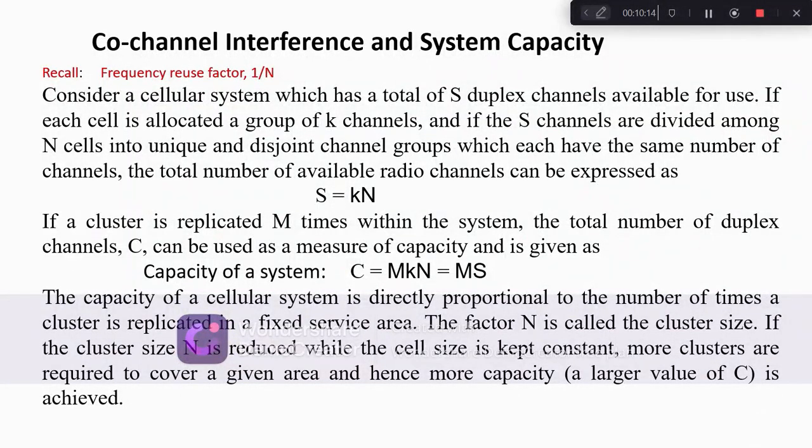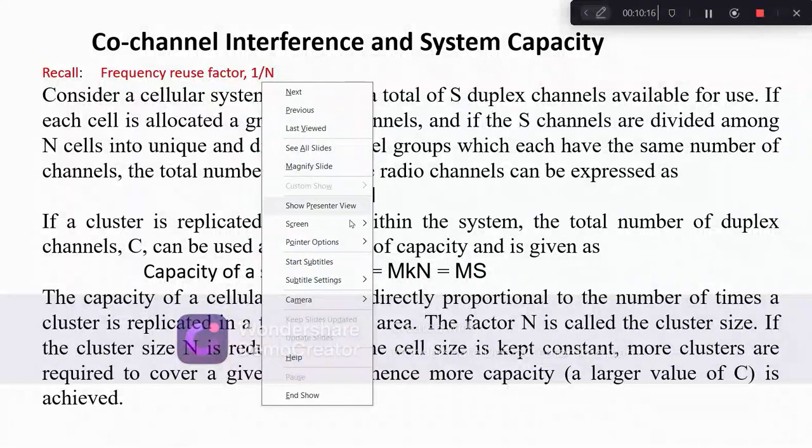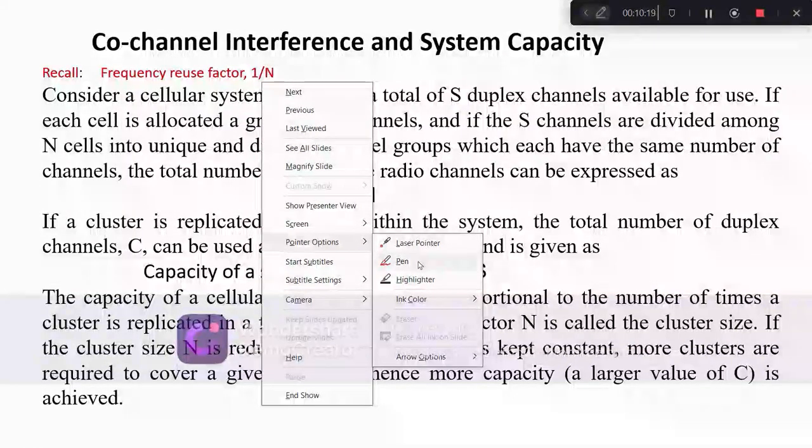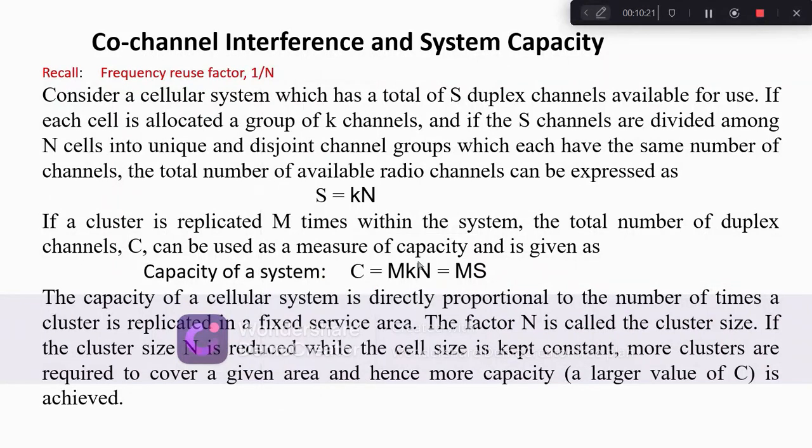So for example, I would like to do some calculation here in order to make things clear for you. If N is 7, and 33 megahertz is the total bandwidth, those 33 megahertz are divided into 7, so that is the number of channels for each cell, and that is k.